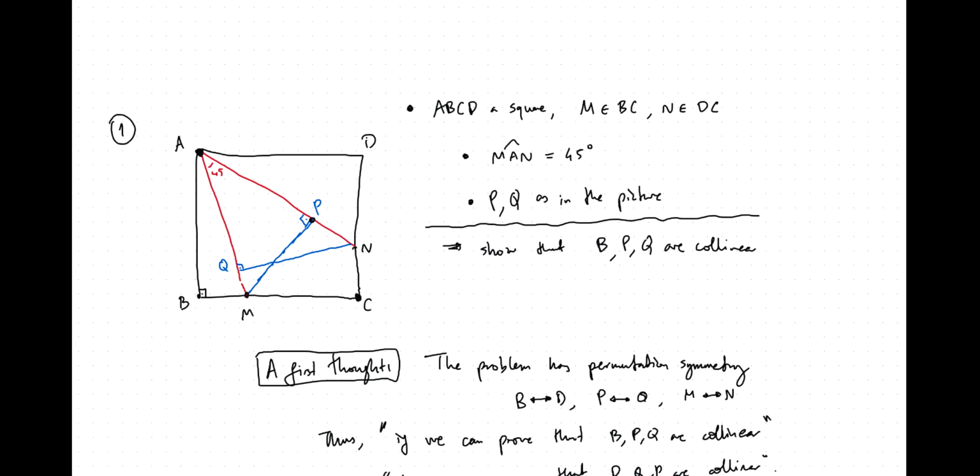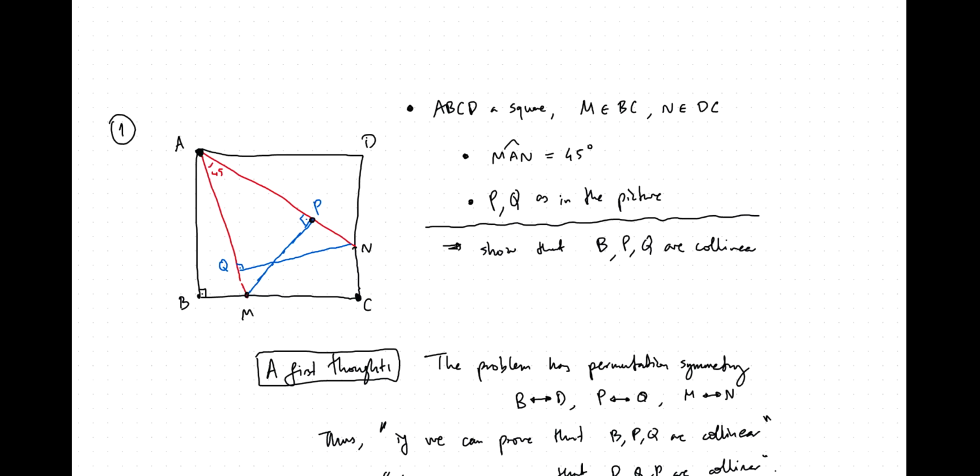They are analogous points. However, the problem asks us to prove that these 3 points are collinear. So for this, I need to analyze P and Q at the same time. So I want to understand the point P. Analogously, I want to understand the point Q, but I need to analyze them at the same time, which is another challenge.